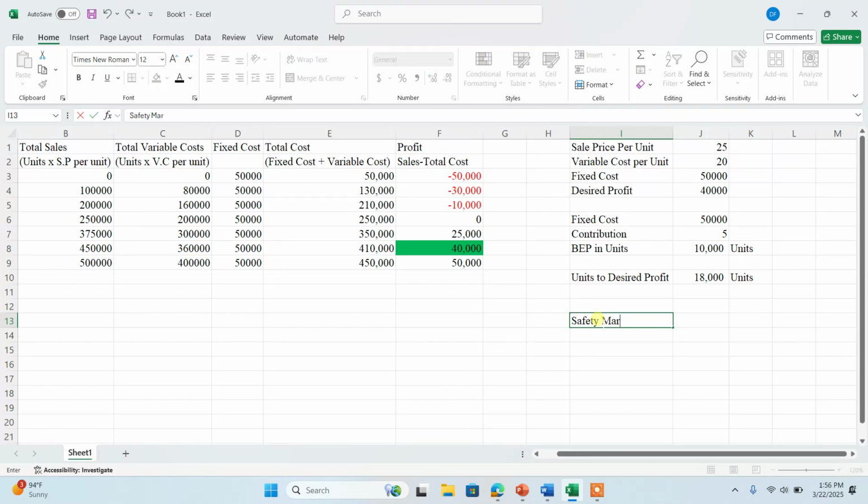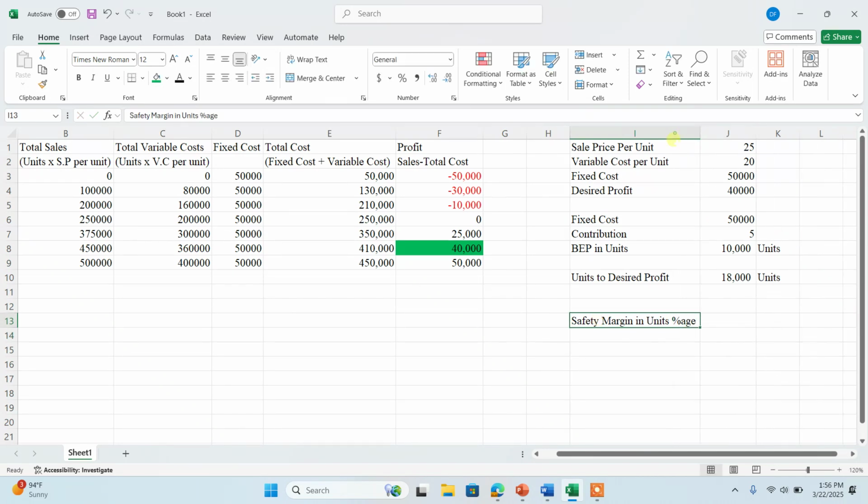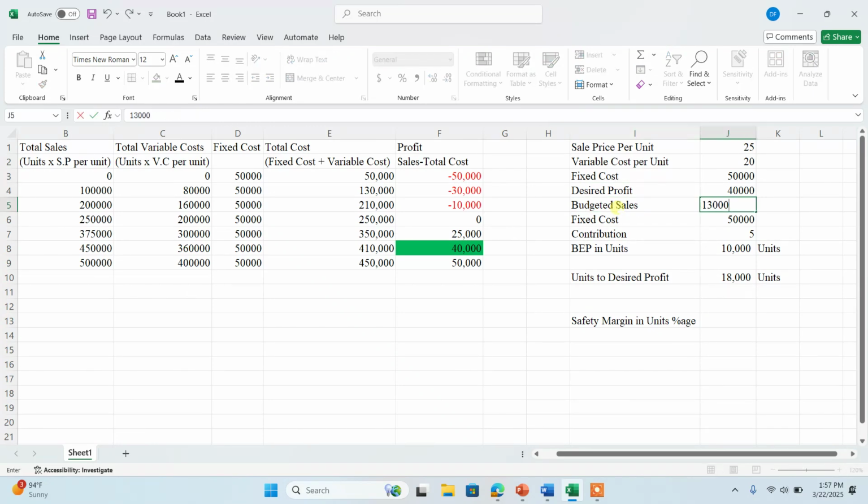Now I'm going to calculate the safety margin in percentage. So what is my budgeted sale? Budgeted sale is 13,000. Putting values into the formula, budgeted sales 13,000 minus the break-even point, which is 10,000 units, then divide by the budgeted sales.